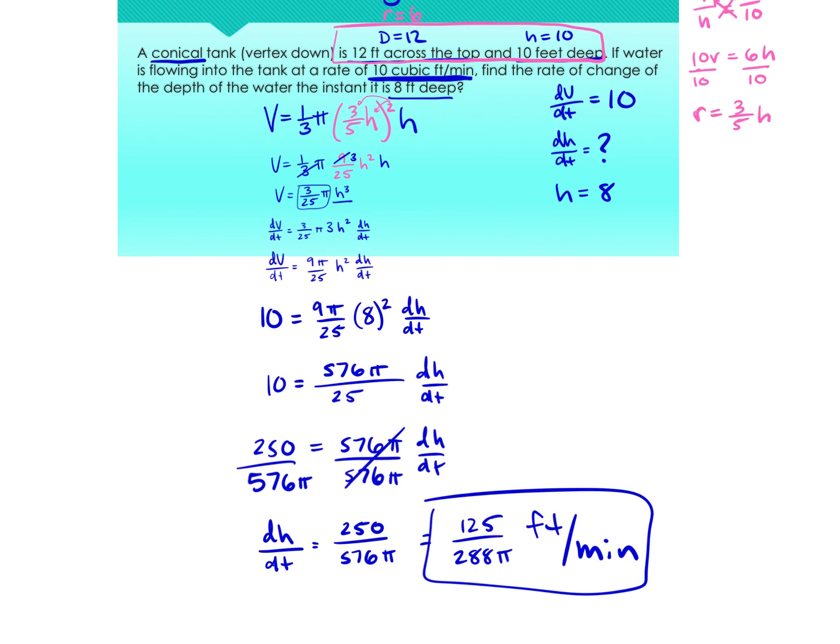If it was talking about how the volume of the water is changing, then it would be cubed. So it would cancel out with the denominator. So we just multiplied by the reciprocal since we had to divide to get it to the other side.